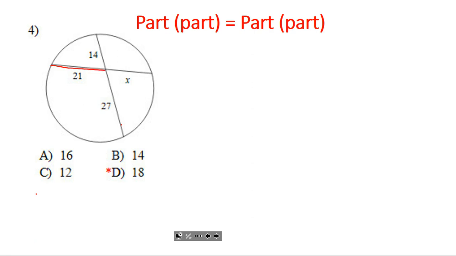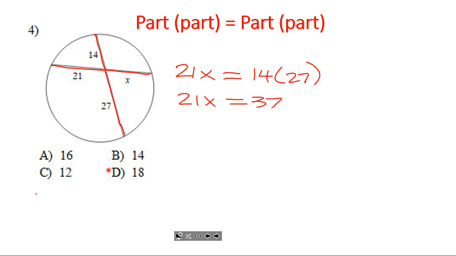So I'm going to do 21 times x here, and I'm going to do 14 times 27. So that gives me, again, still just 21x here, but that's equal to 378. I'm going to divide both sides by 21, so x is equal to 18.